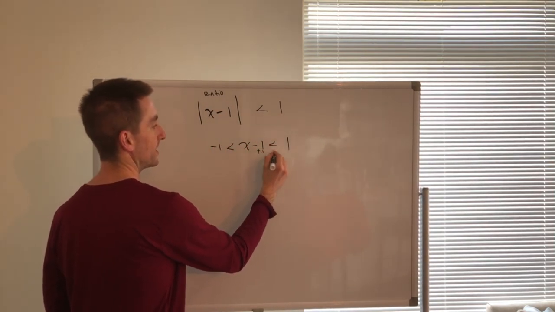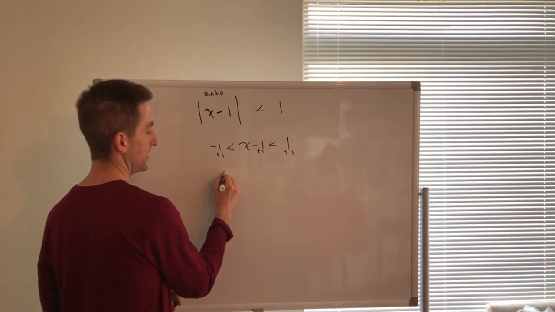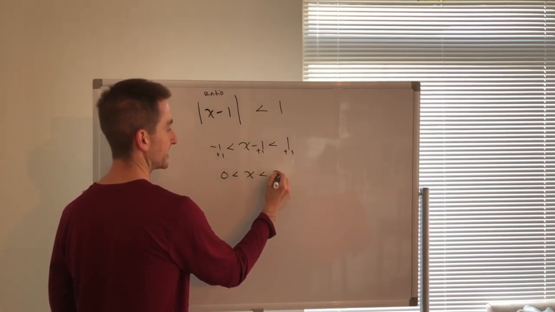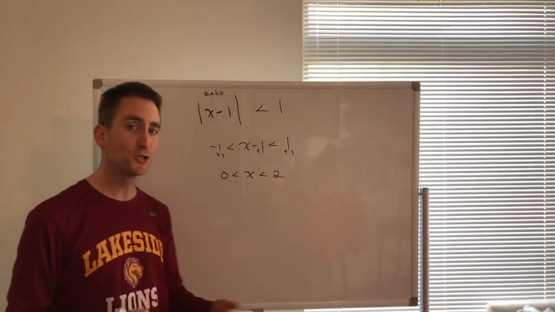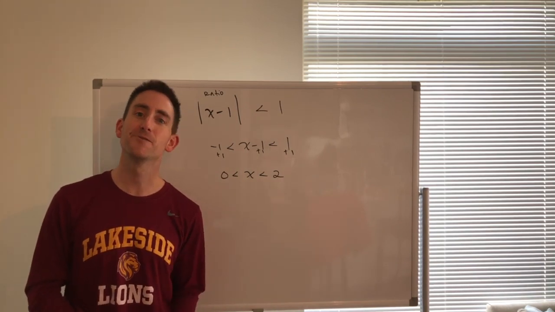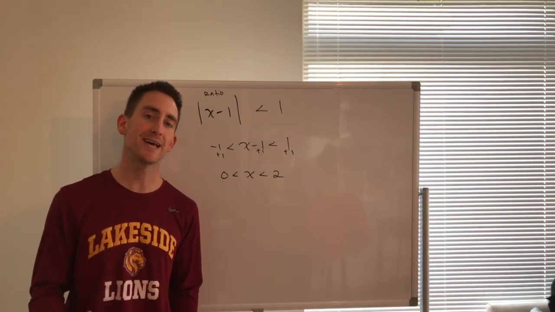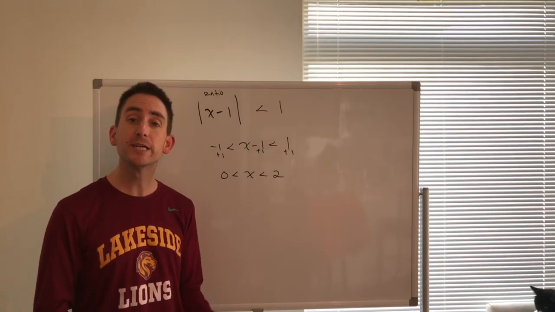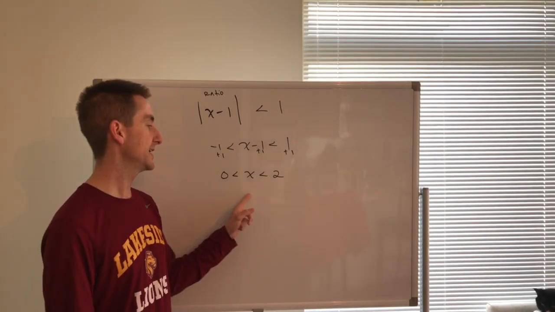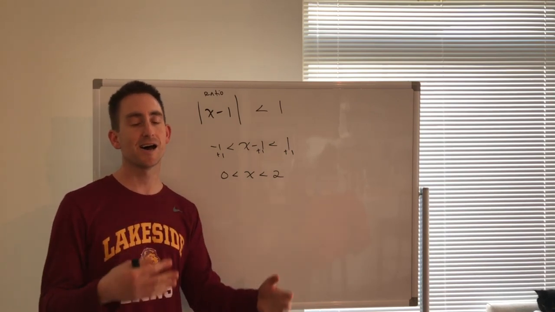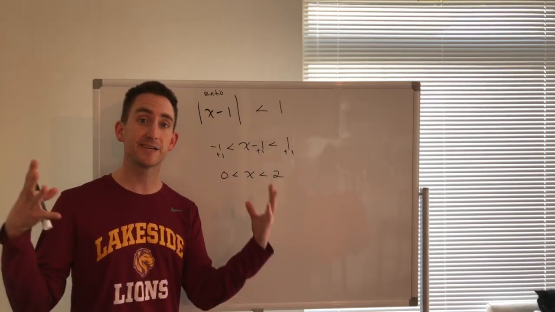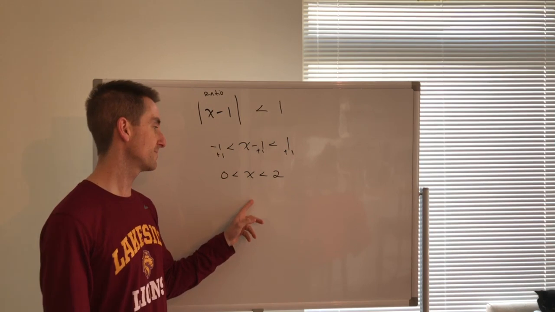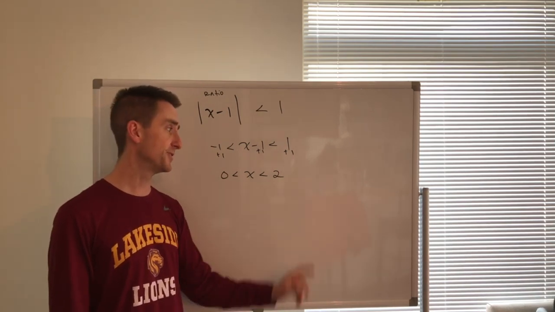And if I add 1 here, here, and here, I get that 0 is less than x, which is less than 2. Which, if you recall at the beginning of the video, we had already had some visual evidence that the Taylor series for the natural log function centered at x equal to 1 had an interval of convergence, or the function and the series kind of laid on top of each other for values of x that were between 0 and 2.